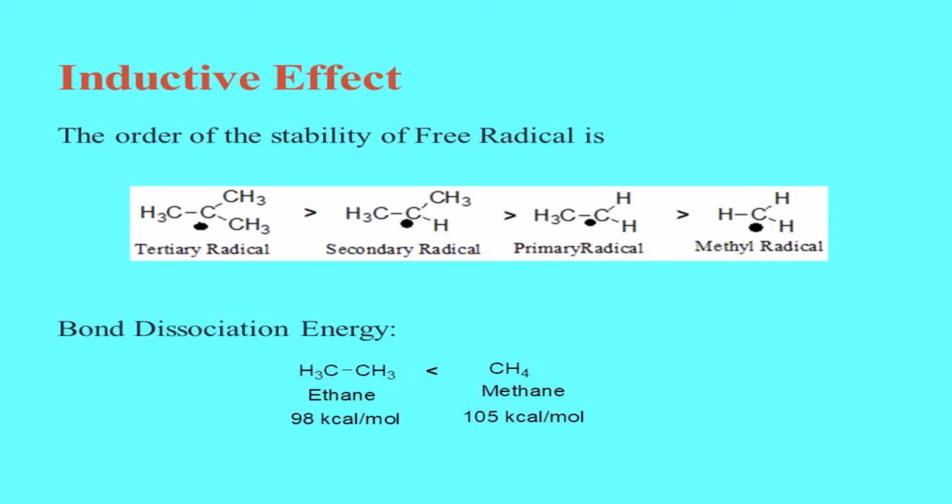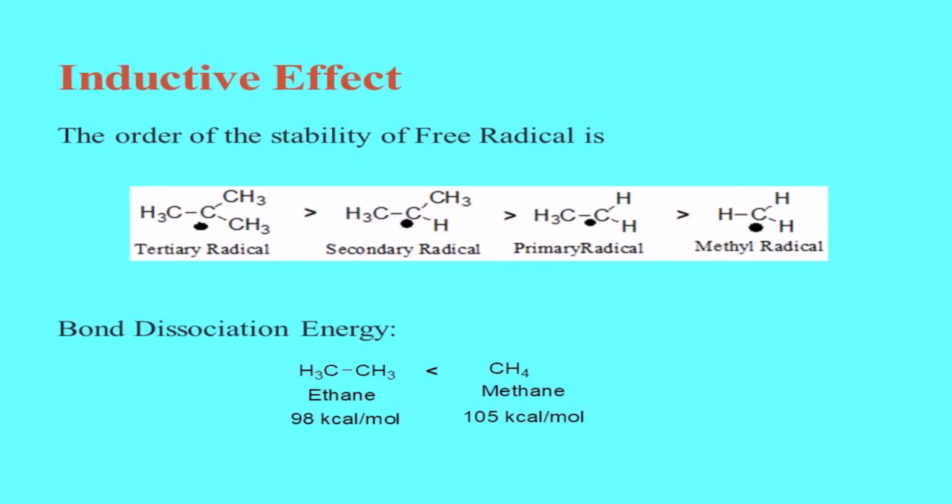For example, the bond dissociation energy of ethane is 98 kilocalories per mole, which is less than that of methane, which is 105 kilocalories per mole. Thus, a tertiary radical is more stable than a secondary, which is more stable than a primary, which is more stable than a methyl radical.